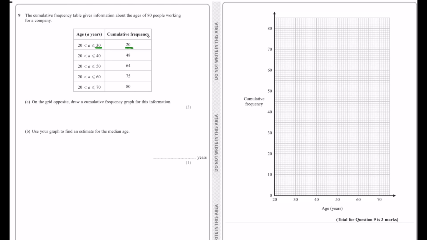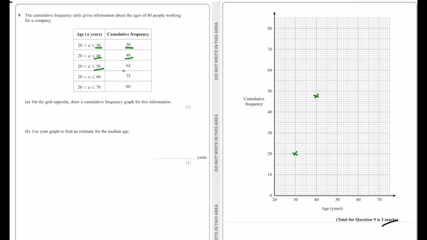There are 20 people aged 30 or less. So at 30, we put 20. Up to the age of 40, there are 48 people. So that includes all the people in the first group, and then all the people between the age of 30 and 40 as well. So by age 40, we've got 48 people.